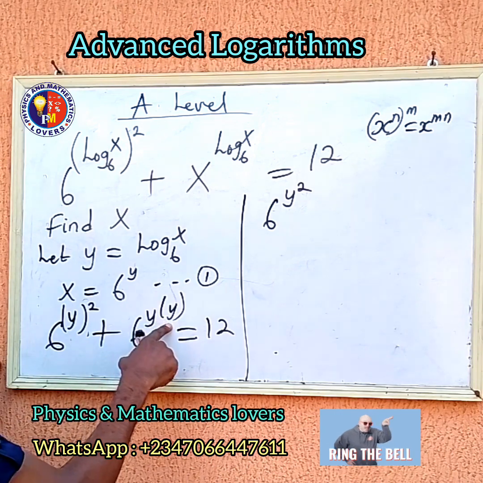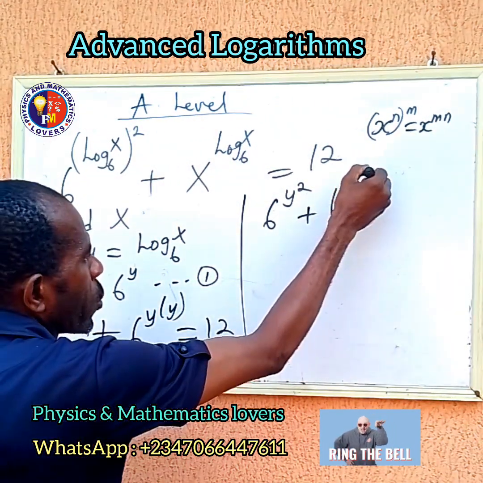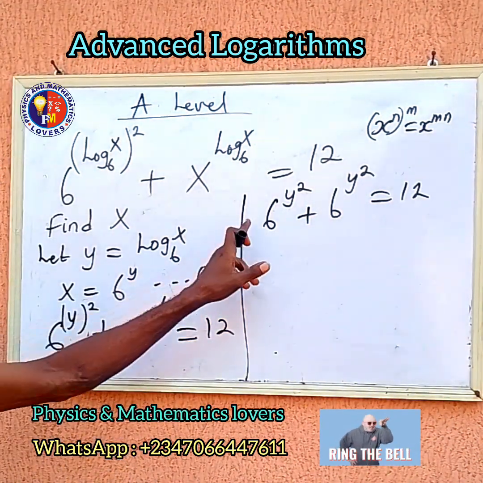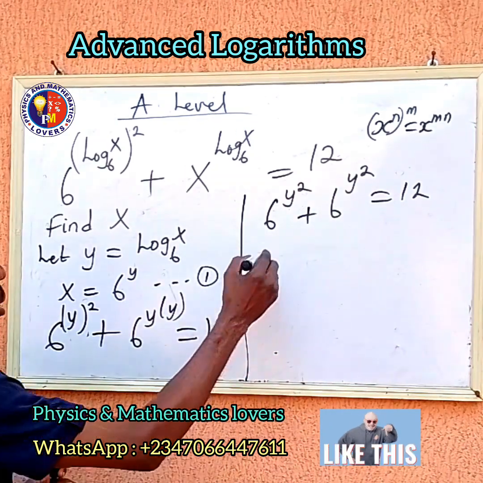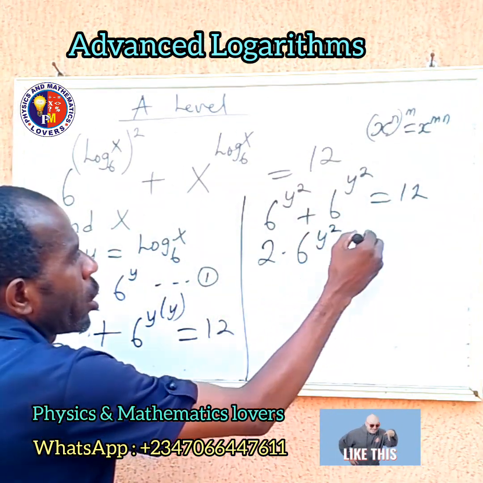Then this y will also multiply this, giving us 6 raised to power y squared, equal to 12. So now, 6 raised to power y squared plus 6 raised to power y squared, automatically we're having 2 times 6 raised to power y squared equal to 12.